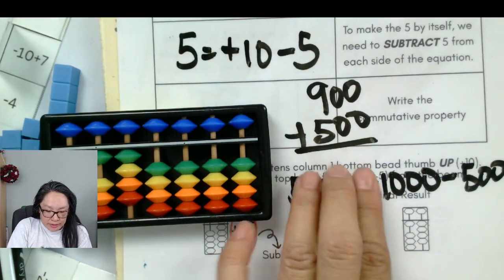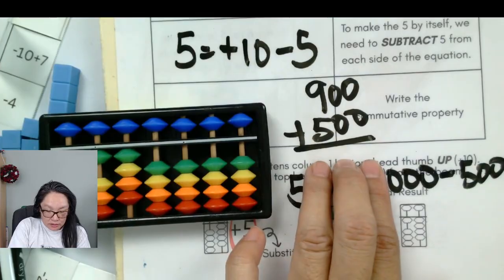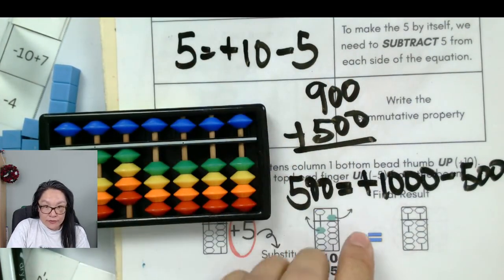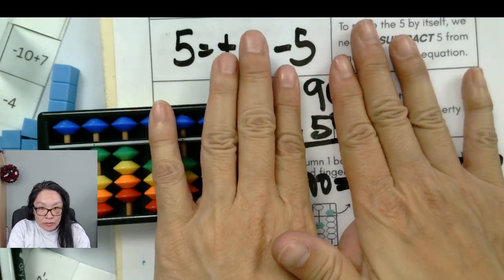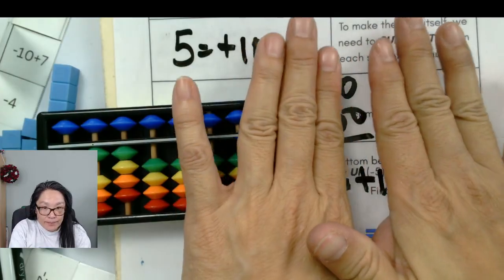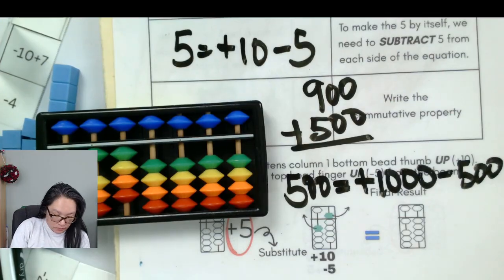Because when we teach the children, we teach them this way, right? With the zeros and stuff. But with Abacus, we only focus on one column at a time. Abacus makes it into manageable chunks.